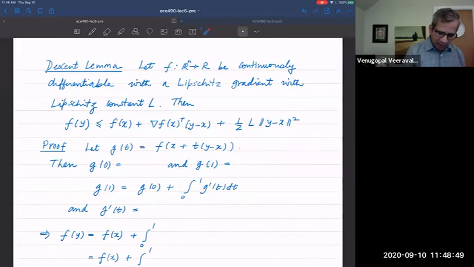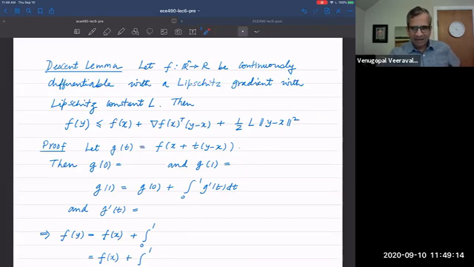All right, so now why is a Lipschitz gradient important? It's important because it'll be useful in proving the following lemma, which is called the descent lemma. Think of it as a lemma that's useful in general when you're looking at gradient descent algorithms and convergence.